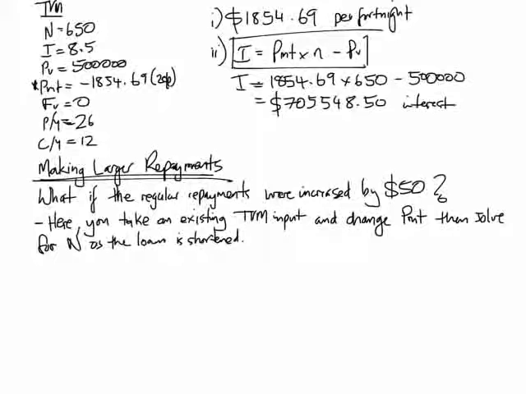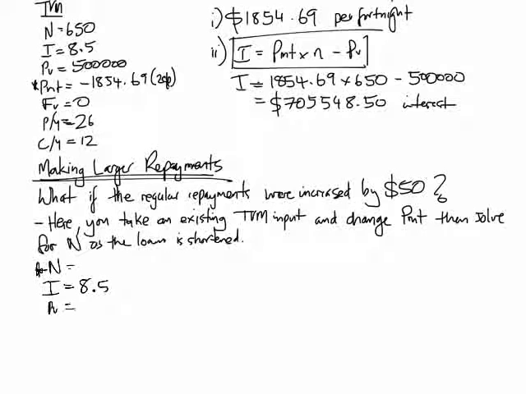Like I said, all of the settings are the same. We're not changing anything except for running the technique. So here you're making larger repayments, so the only thing that's going to be affected is PMT. Like I've said here, you're solving for N, so we don't know that yet. The interest rate is still 8.5%.